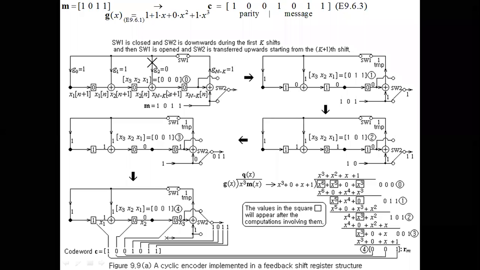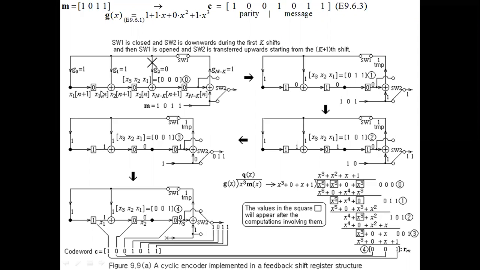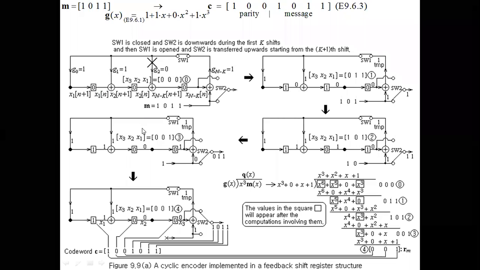Initially, place all shift registers with 0. All shift register values are initially 0. So the last shift register value is 0, the second shift register value is also 0, and the first shift register value is also 0, because they are initially loaded with all 0.